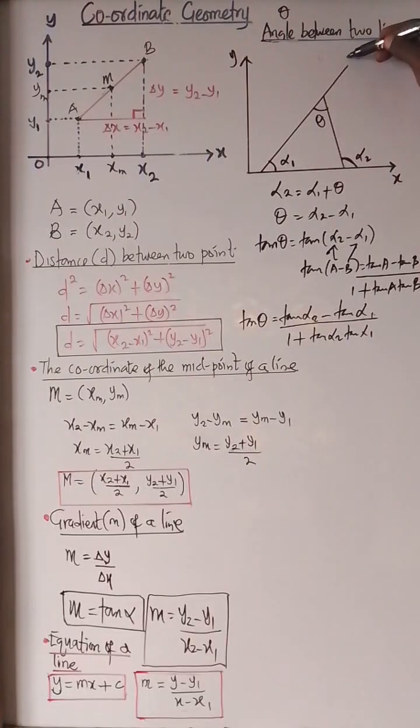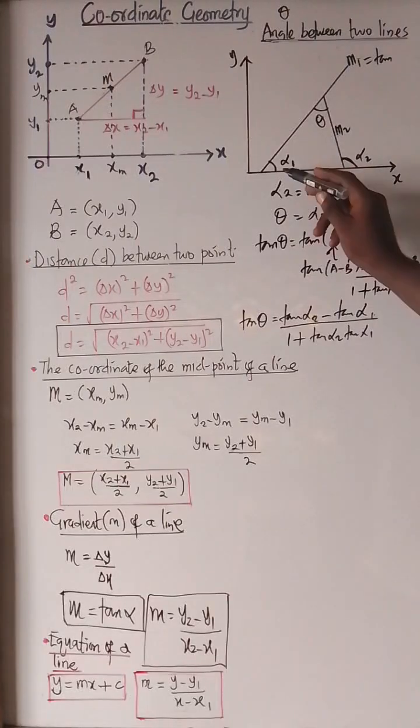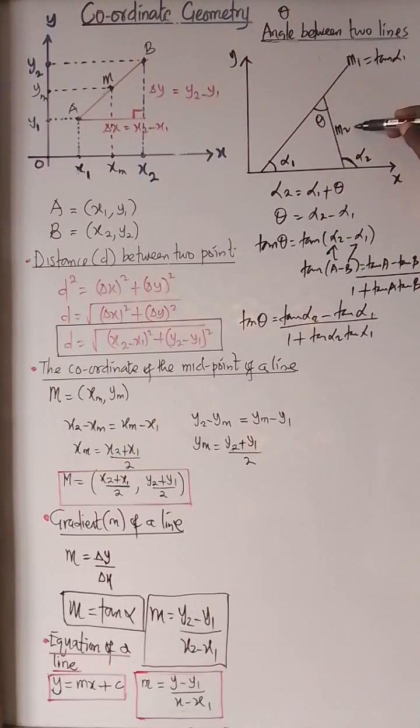Suppose the gradient of this first line is m1 and the second line is m2. Recall from here, gradient is the tan of the angle made with the horizontal. So obviously the gradient of the first line is tan of what angle? Alpha 1. And for the second line it is tan alpha 2.